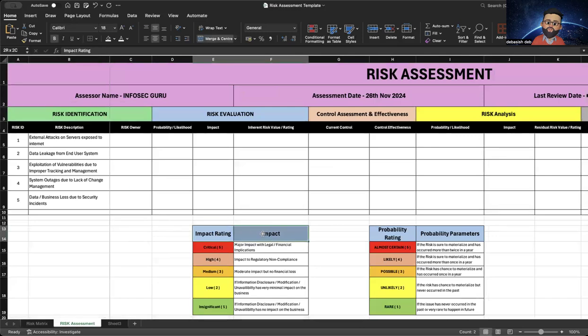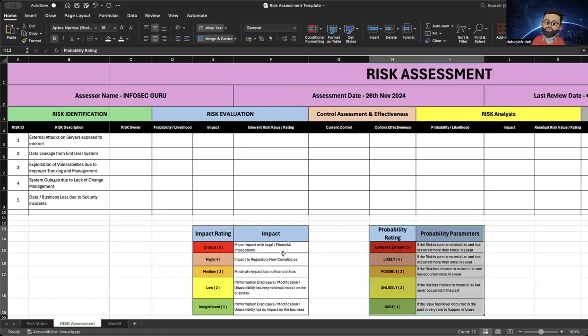We also have an impact rating and a probability rating. In no other video on YouTube will you be able to understand how to do the probability or likelihood and how to do the impact assessment. I have mentioned 5 parameters, which would again be decided by the senior management and all the business owners.